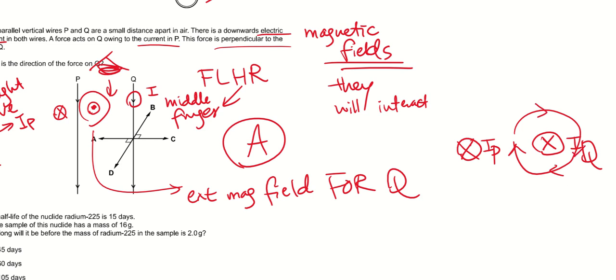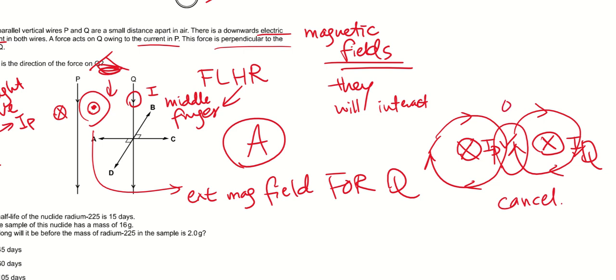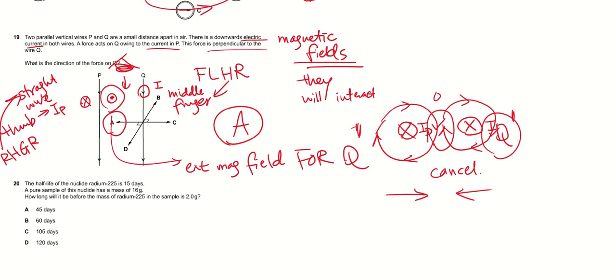For P it will be the same pattern. Over here they actually cancel each other out, so there is zero magnetic field here. There's one here and one here, because there is nothing to cancel them. The magnetic force always goes from more magnetic field to less magnetic field. So that's why for Q, it will be direction A. So there are two ways to do it.